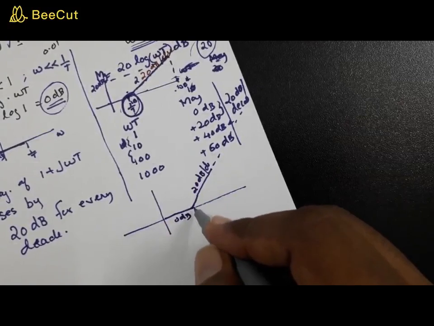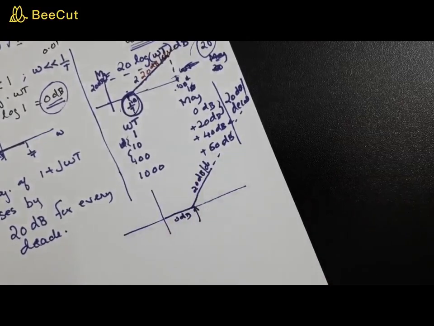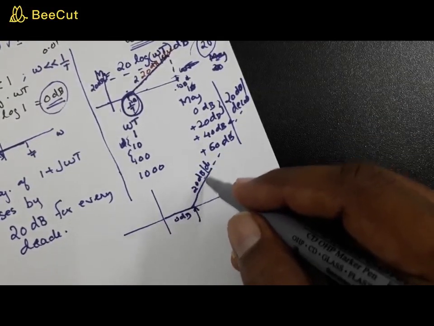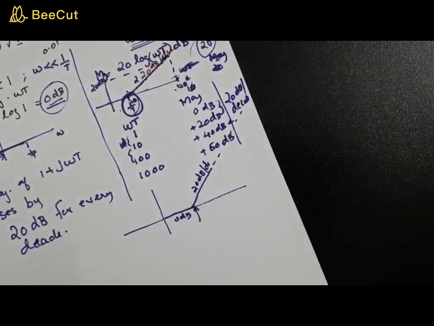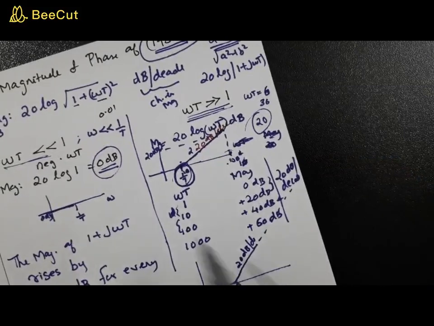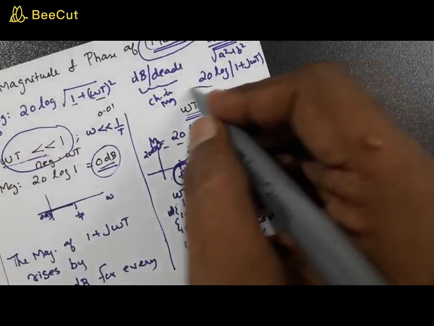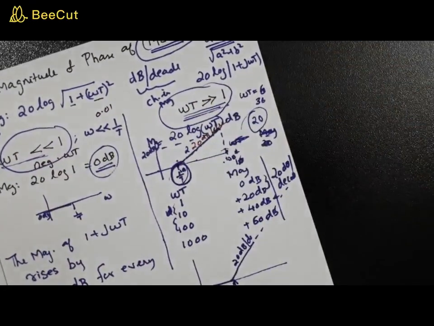Now we are interested in this frequency. We should know it, and only then will we be able to draw the graph. From which frequency onwards does this start to give a rise? That's what we want to find out. That is the frequency at which both conditions are met together, right?